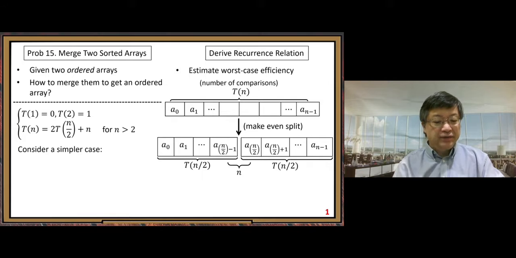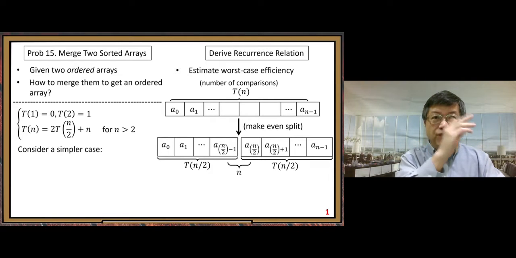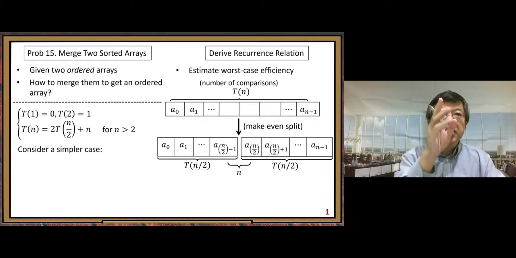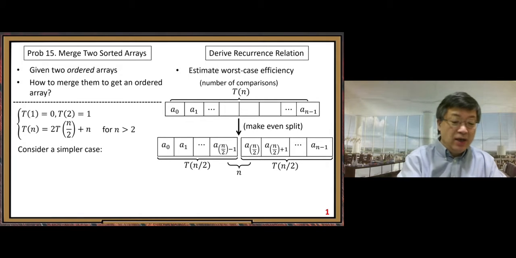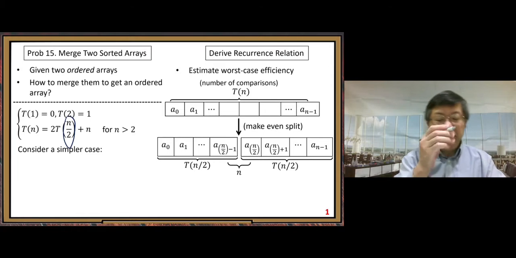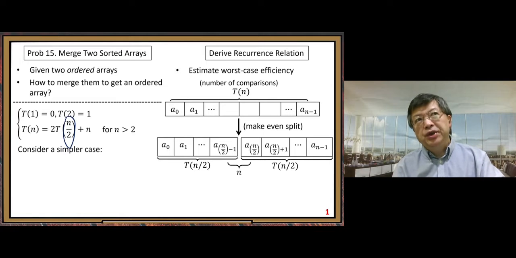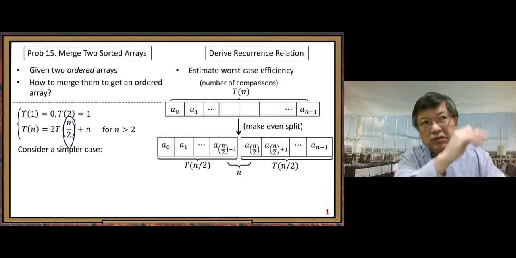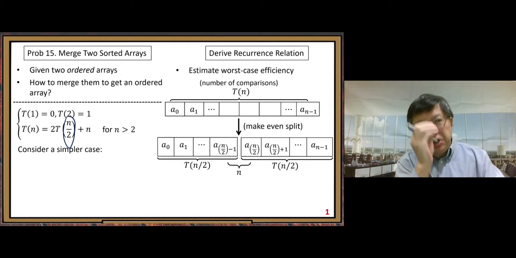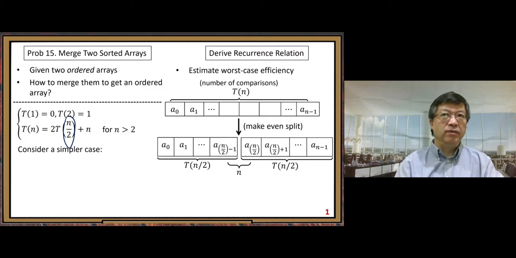Here, we still use a method we used before: consider a simpler case. What is the simpler case? Look at this part, n over 2. N over 2 could cause some problems, when n is even, when n is odd, there is some complexity we need to deal with.